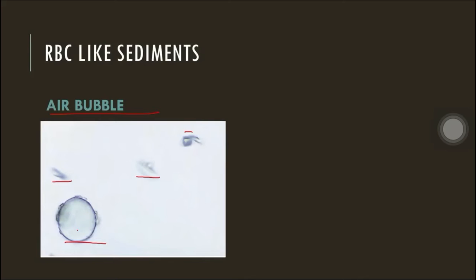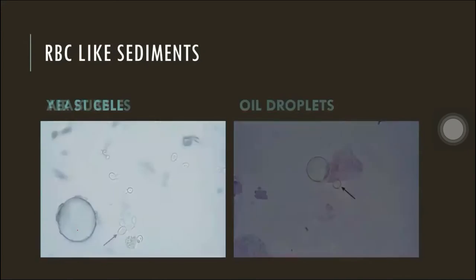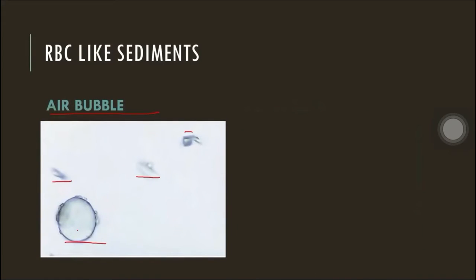Aside from what I've said earlier, you can also differentiate RBCs from these RBC-like sediments by putting 1 drop of acetic acid in the specimen or on the slide.